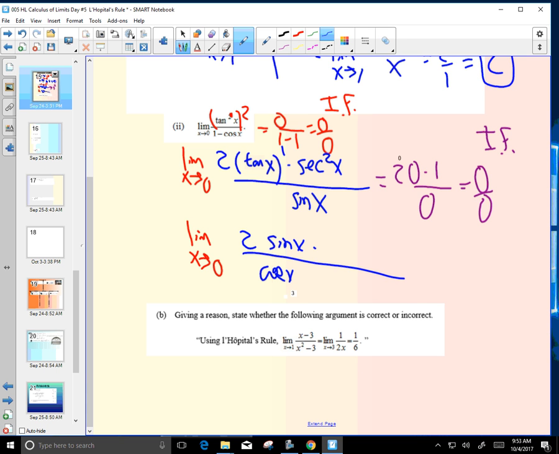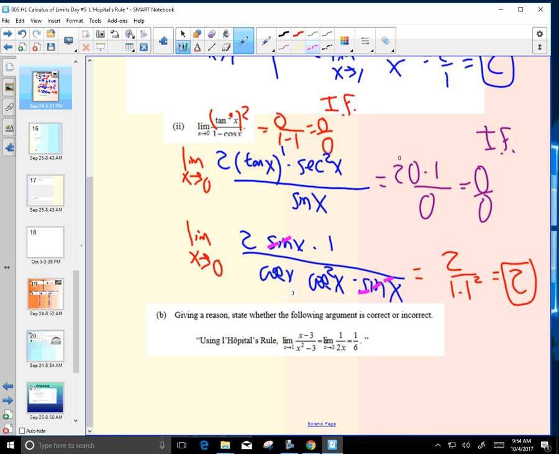Secant is 1 over cosine x, and there's 2 of them, so it's squared, over sine of x. Do you agree with what I've done so far? And then do you also agree that these will cancel? So you're going to get 2 over 1 squared, which is 2. What? 2 again? Amazing.